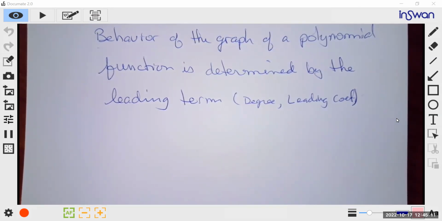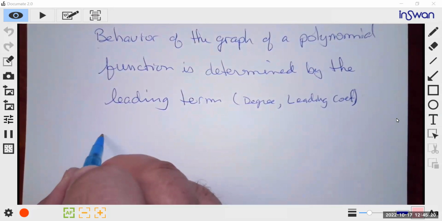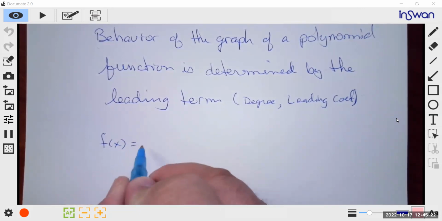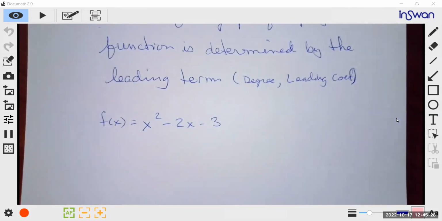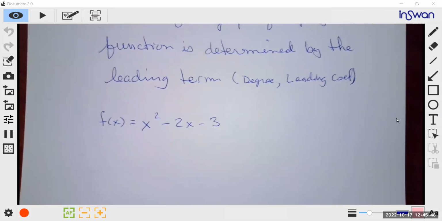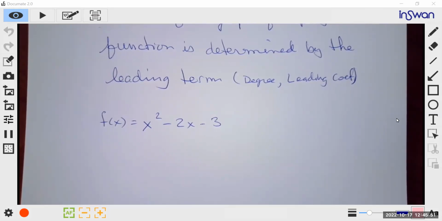What else? What other part of the equation can tell us some information? What can you tell me just by looking at this? What can you tell me about it? It's in standard form, yeah. But what else can you tell me about what the graph's going to look like? Parabola.